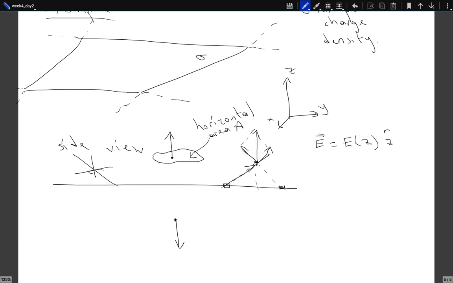So what are those surfaces? The area vector should be horizontal. But area vector is always perpendicular to the area. Any of these areas have an area vector which is horizontal.